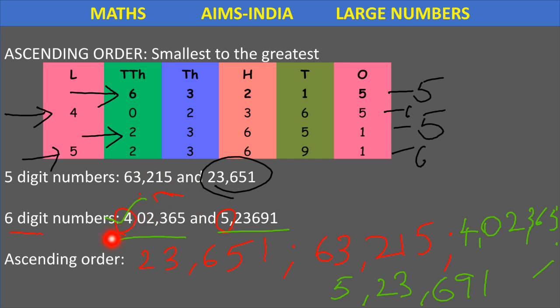Coming to the 6-digit numbers, we compared both. 4,02,365 is the smaller among these two, so we wrote that, and then the last remaining number, which is 5,23,691. This is our ascending order. How did we write the ascending order? From the smallest to the greatest.